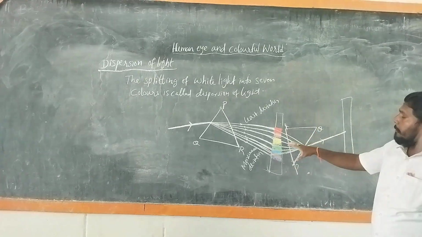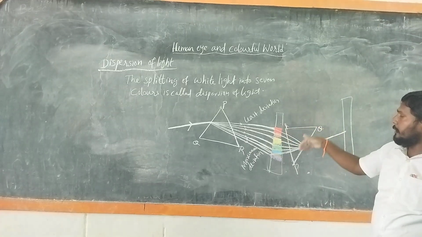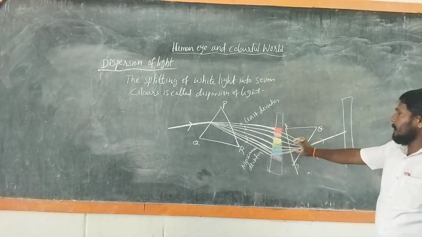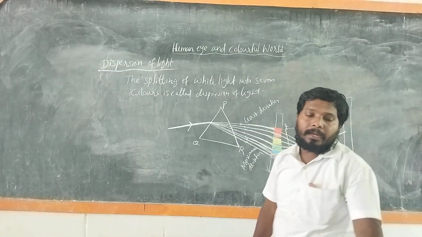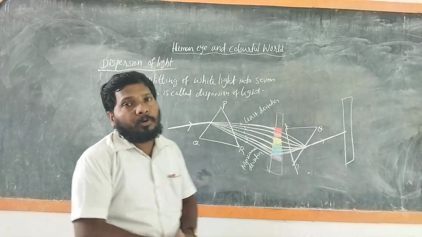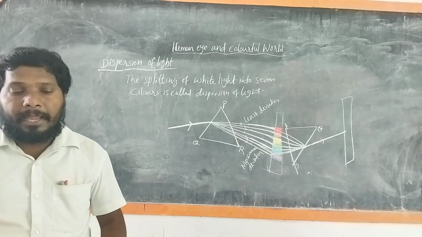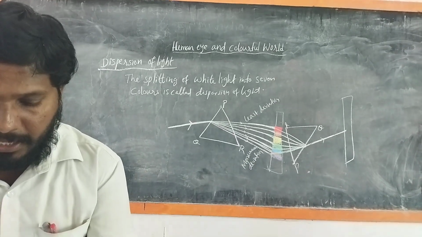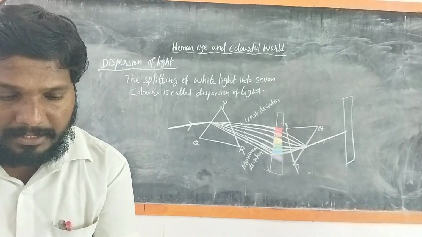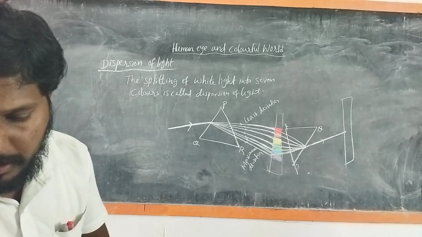When we pass these 7 colors into a prism again, all the colors are mixed and it gives us white light. So this is about the dispersion of light, and we understand the dispersion of light.